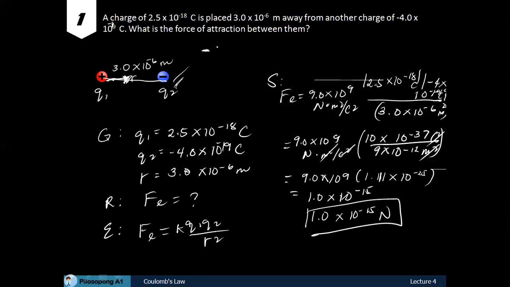So which will we follow? We'll follow the direction of the vector that is positive. So the force that Q1 experiences due to Q2 will have a positive sign of 1.0 times 10 raised to negative 15. But if your perspective is in Q2, that will be a negative sign since this negative charge will move to the left.